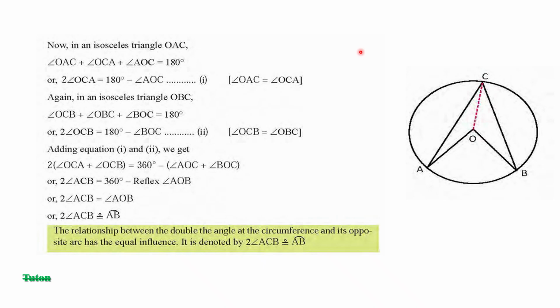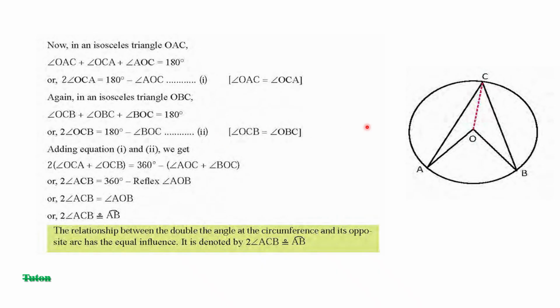Now let us move on to the isosceles triangle OAC. As we all know, the sum of the angles in any triangle is equal to 180 degrees, which is suggested by this step: angle OAC plus angle OCA plus angle AOC is equal to 180 degrees.